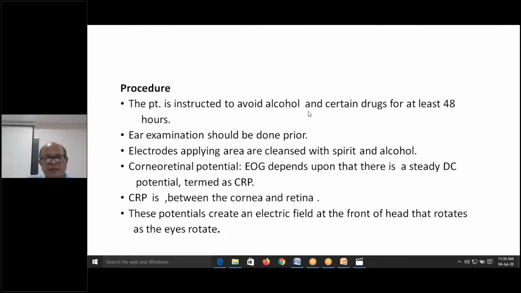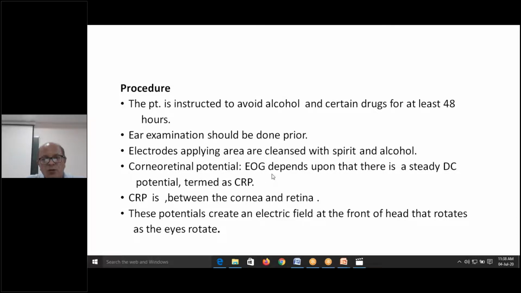The patient is instructed to avoid alcohol and certain drugs for at least 48 hours before the procedure. Ear examination should be done prior to the test. Electrodes are applied and the area is cleansed with spirit and alcohol so that the electrode gets in touch with the skin properly. Electro-oculography depends upon the corneoretinal potential.